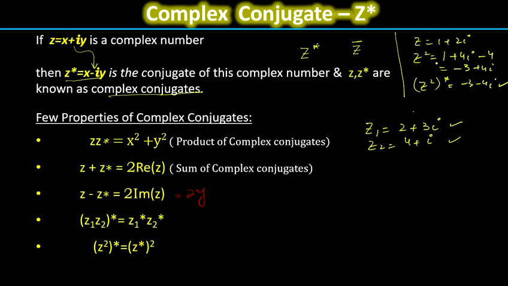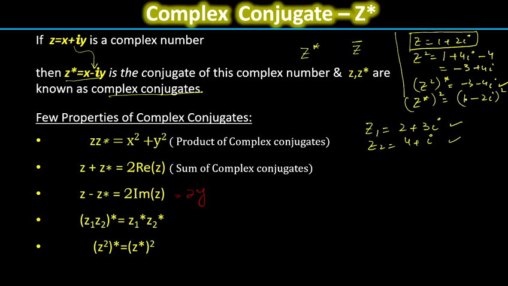So I first squared, then found the conjugate. Now if I first write the conjugate of this number and then square, the conjugate of 1 plus 2 iota is 1 minus 2 iota. Now please square it.